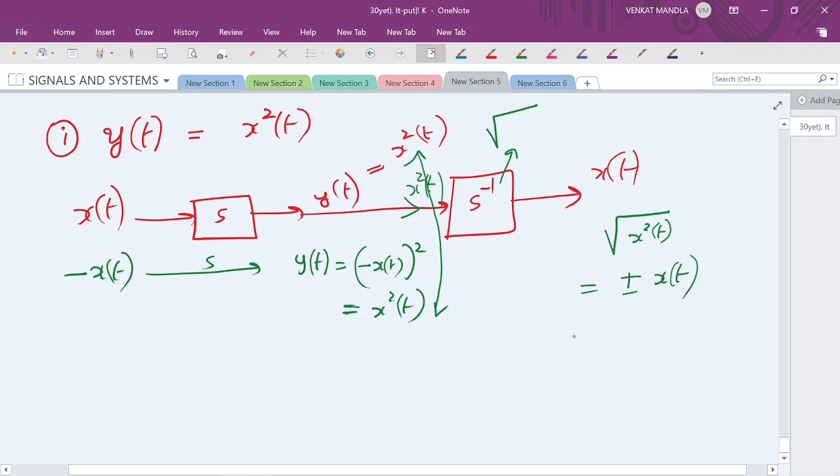I don't know whether it is plus x of t or minus x of t. Okay? This is not a unique representation. So it is not an invertible system. It is a non-invertible system. We need a unique representation of x of t at the output of the inverse system. So therefore non-invertible.